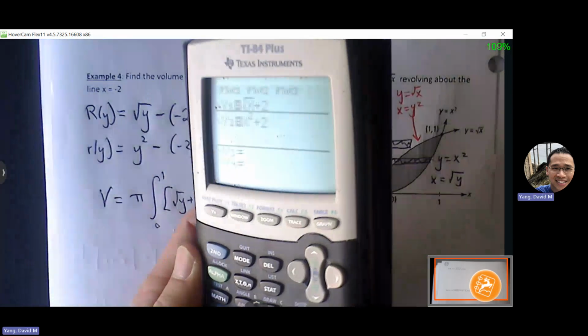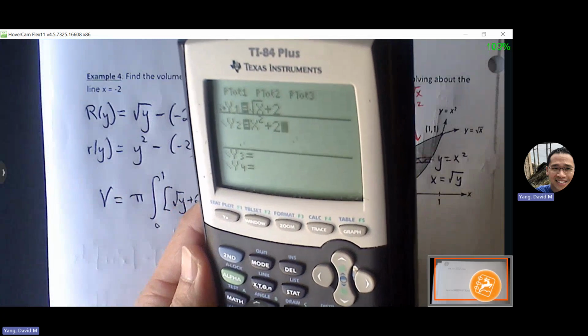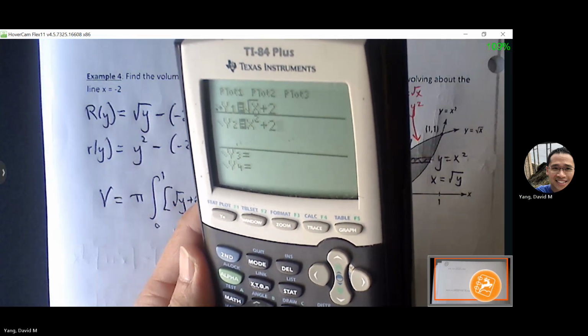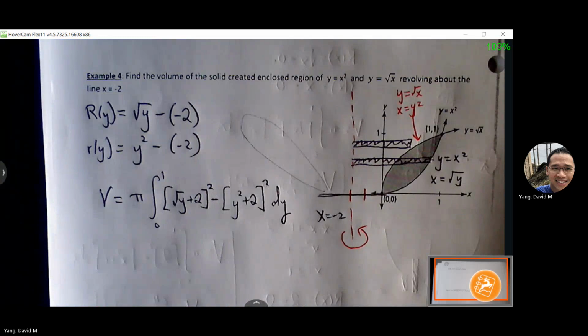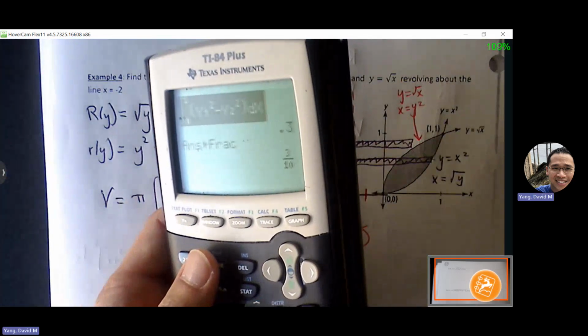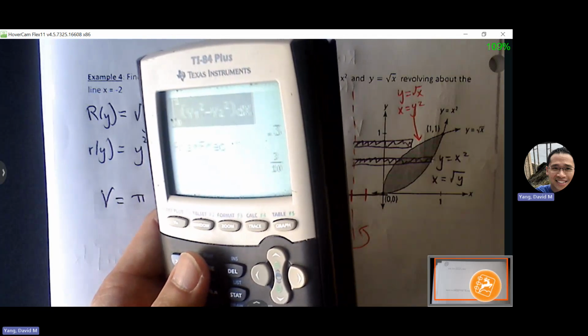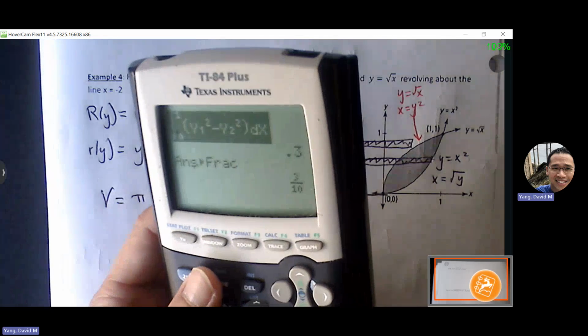You're always using x's in your calculator. So I have y1 holding my big radius and y2 holding my little radius. You can probably just pull the previous entry and adjust the bounds, because it's already in that form of big R squared minus little r squared.